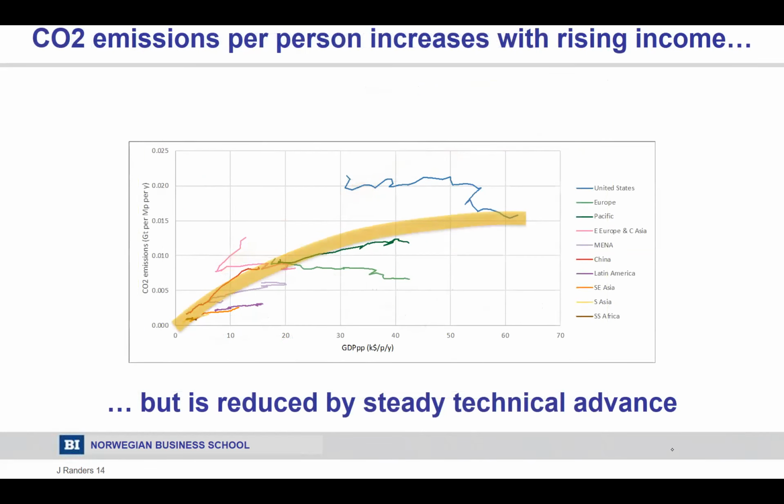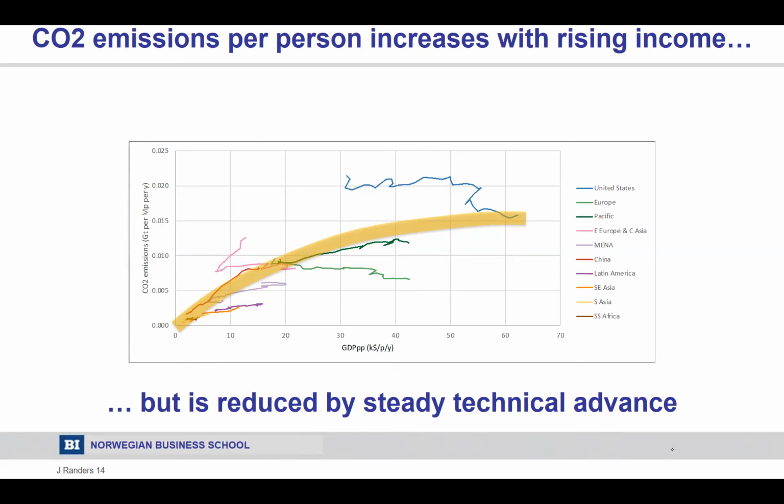If you look at CO2 emissions per person, here the spread is very big, but there is again the tendency that it levels off. The reason why the country curves decline is that there is technological advance, so that those countries that were at $30,000 per person a year in 1960 had a lower energy efficiency than those that are at the same dollar value at this point in time.